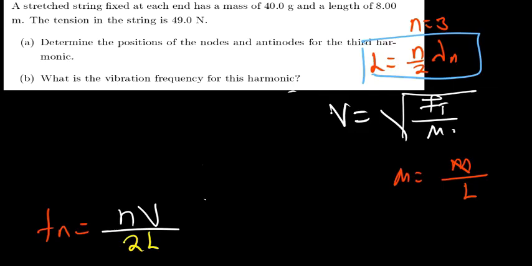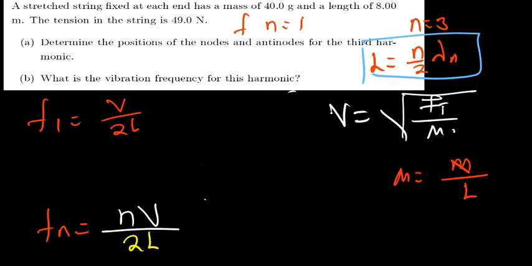Now in this case, let's assume we want to find the first harmonic. For the first harmonic, n is equal to 1. So F1 will be equal to 1 times V over 2L, because 1 will not affect anything here. What if n is equal to 2?